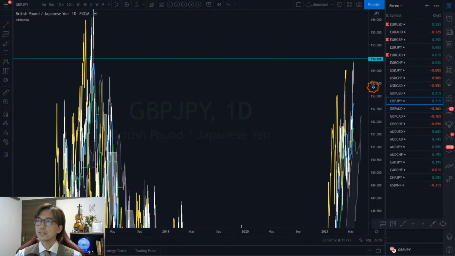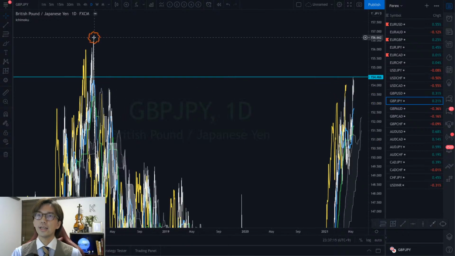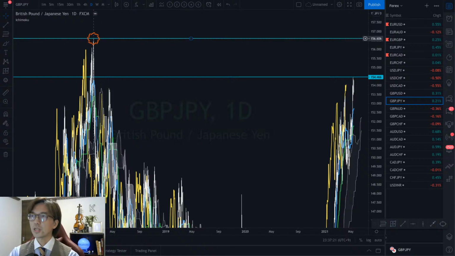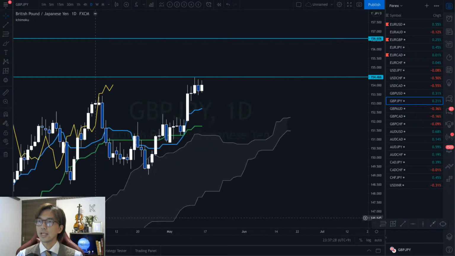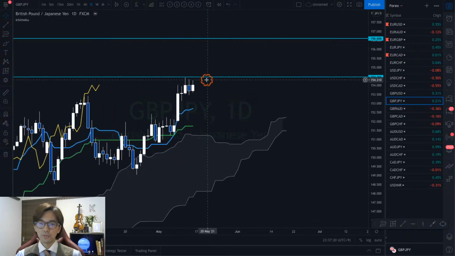And the next high is from the 2nd of February 2018. So the price could go up to the 156.6 level. So in that sense, we have more room to take trades.